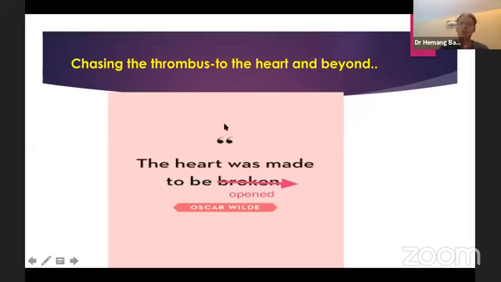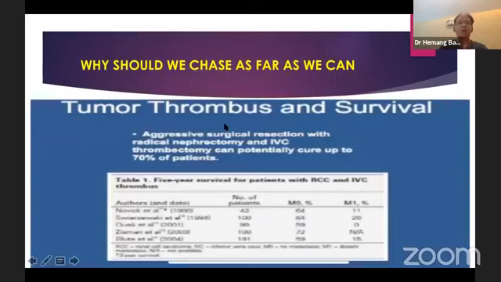But the answer is simple, that whenever you have a non-metastatic renal cell carcinoma with a venous thrombus which extends all the way up to the heart in a fit patient, you should be operating on him. This is the reason why you should be operating on him, because if you look at the survival rate, this is a little older data, up to 2004, but it is still quoted in Campbell's Urology and the European Urology Guidelines even now.